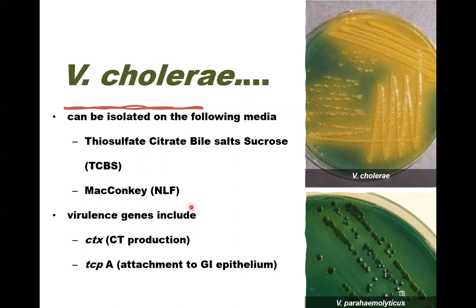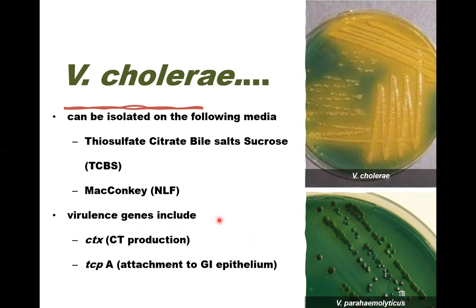On MacConkey, they will show up as non-lactose fermenters because they can't ferment lactose. Is that clear? With the TCBS, you can differentiate between Vibrio cholerae and Vibrio parahaemolyticus. Vibrio parahaemolyticus will show up as non-fermenting greenish colonies because they can't ferment sucrose, whereas Vibrio cholerae can ferment sucrose, so you have this yellowish colony on TCBS.